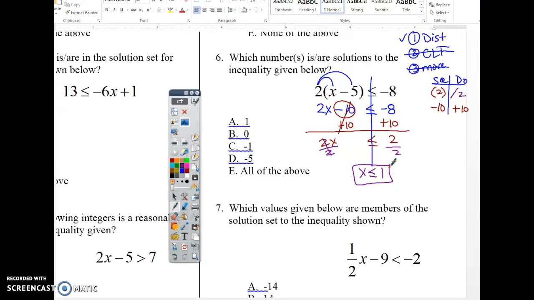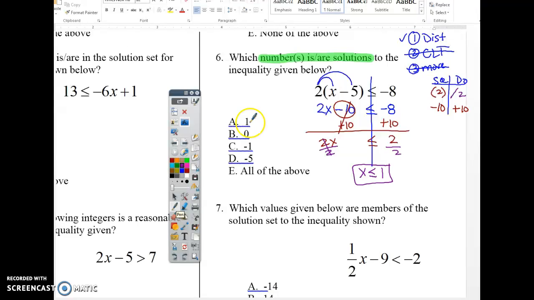Okay, now let's read the question. Which numbers are in the solution to the inequality below? Which number or numbers are in the solution? That means we have to understand this. It says x less than or equal to 1. That means x needs to be smaller than or equal to 1.